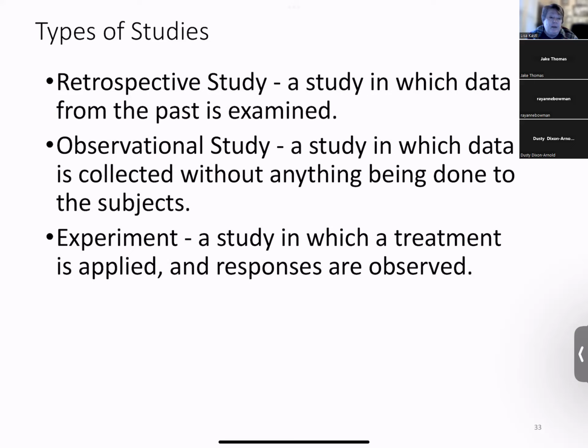An observational study is we just observe the participants in the study and we don't actually do anything to them. So we don't apply a treatment, we just observe. And an experiment is where we actually apply a treatment and then measure the responses of those treatments or that treatment.